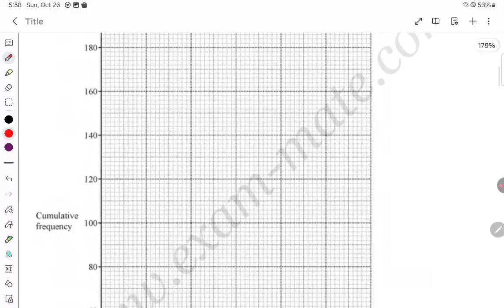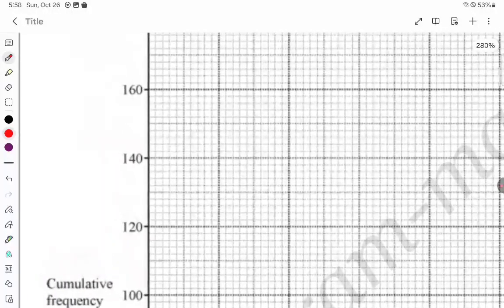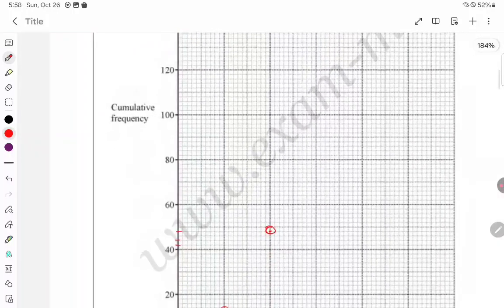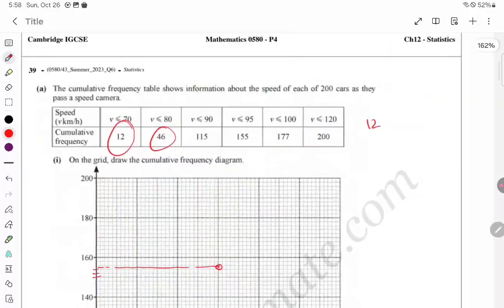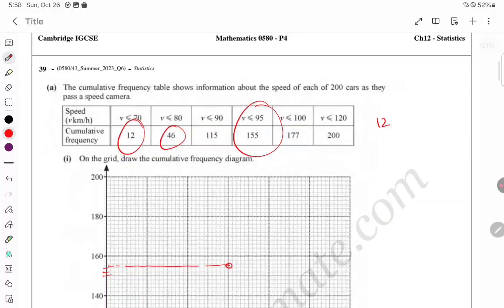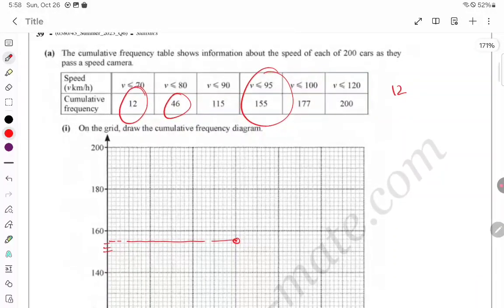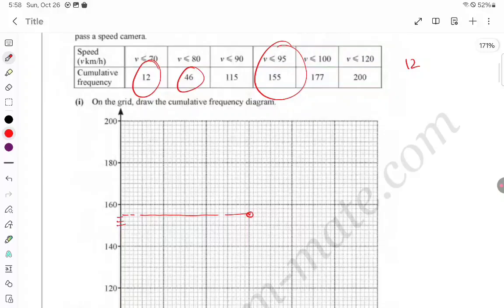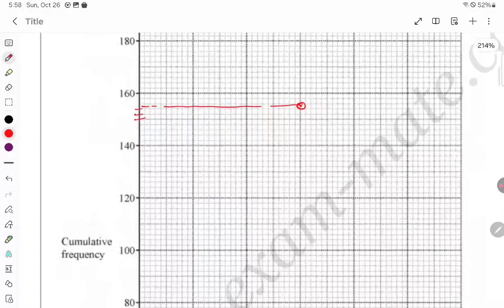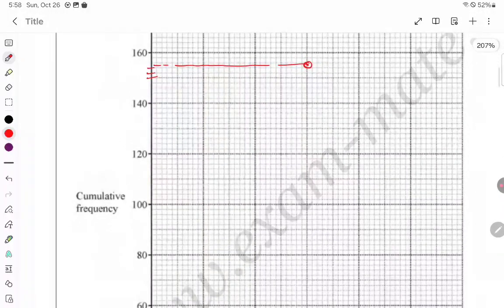Then 98 gets 115. At 90, 115 will be somewhere around 110, 112, 114.